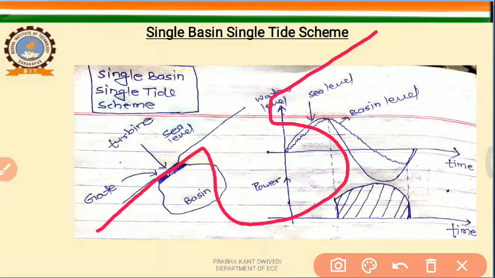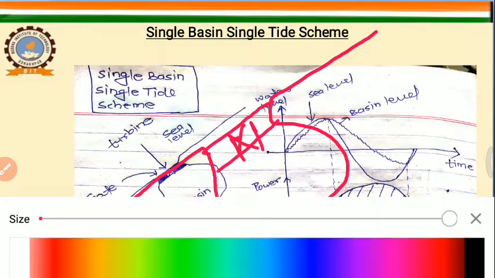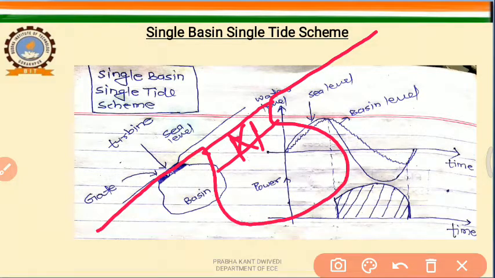In this opening we will place a turbine and generator, and here we will place a sluice gate, and here is another sluice gate. There are two gates, and in between is a turbine.